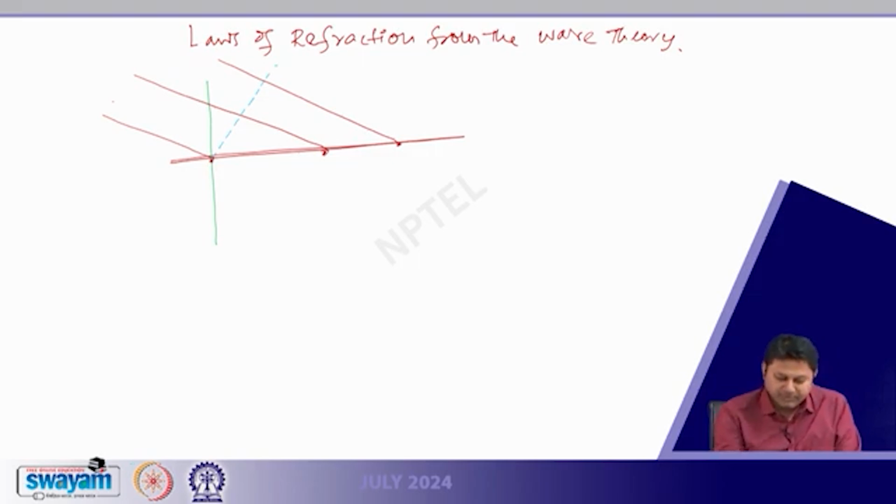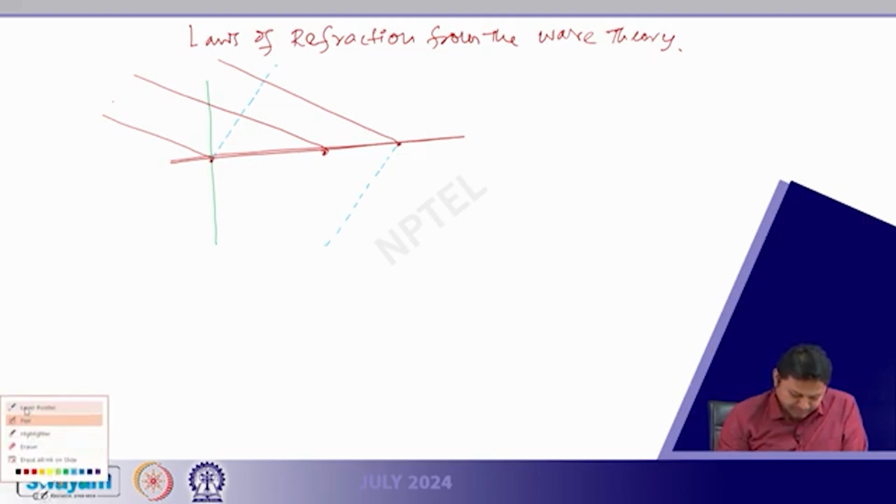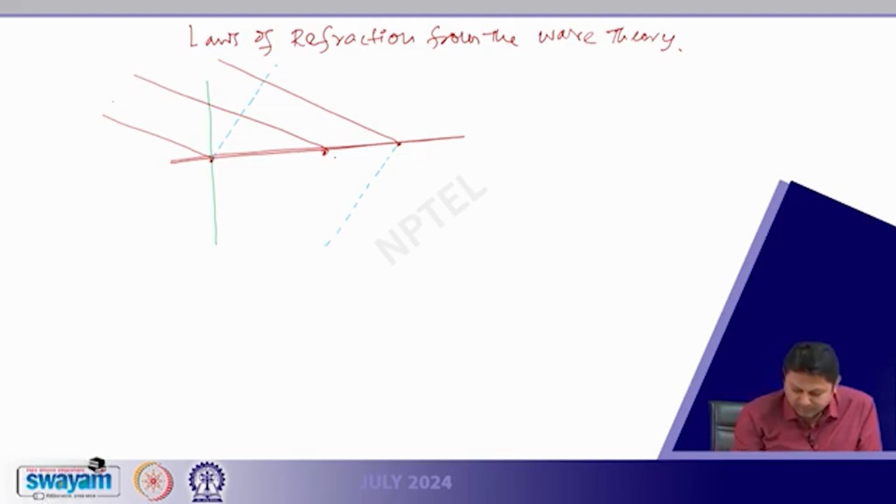And if this interface is not there, then the light should reach somewhere here. Okay. And the light I draw is this.